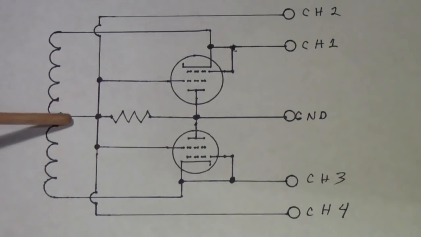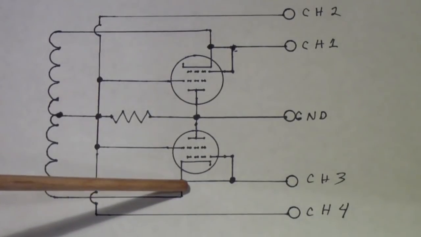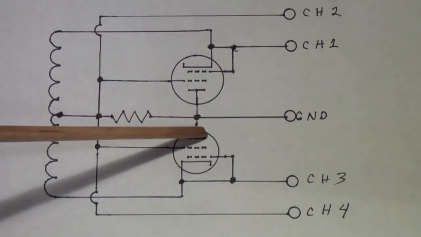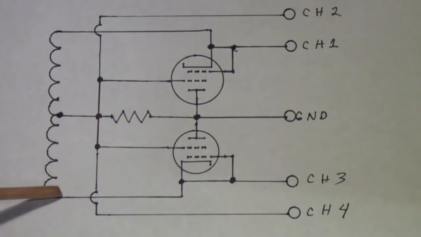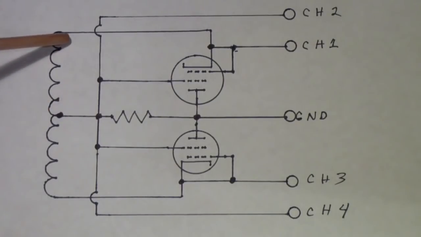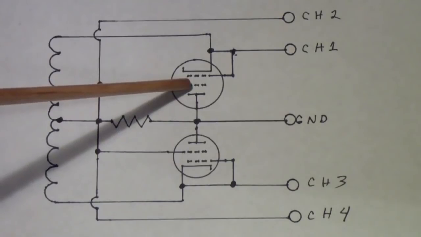So why did I need a center tap transformer? Well, the reason is so that when this cathode is negative relative to this plate, this tube is conducting. But when this is negative relative to this, this is positive relative to this, and this tube is cut off.